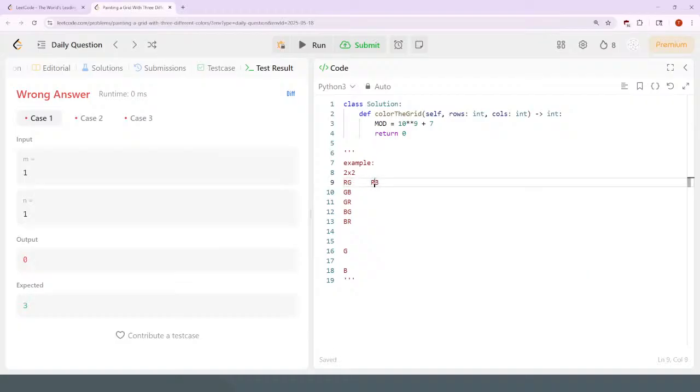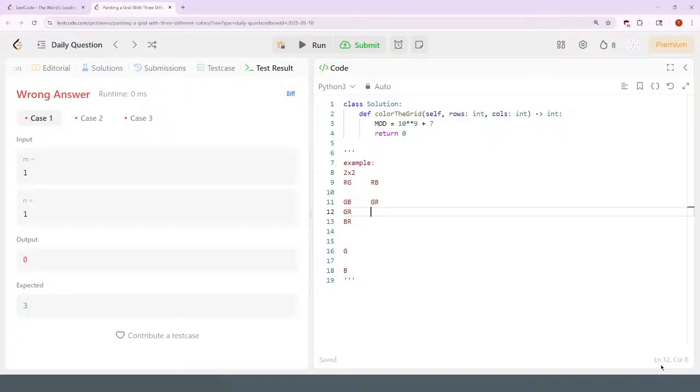And then if the first row was red, blue, then the second row could be green, red. It can't be green, blue. Wait, this can't be. It can't be blue, green here.